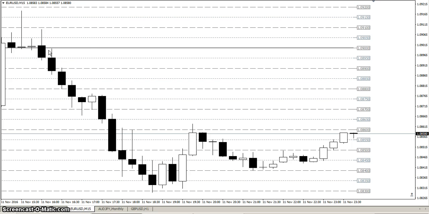Okay, so then you'd want to look for the opposite. Okay, so here crossed above, closed above. Once again, so this is the line of interest right here. When price comes back down through it, that's where you go short.